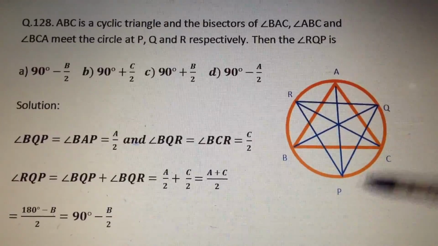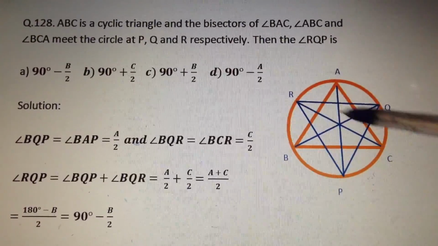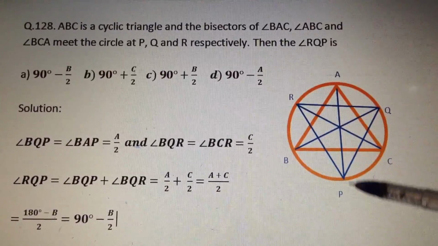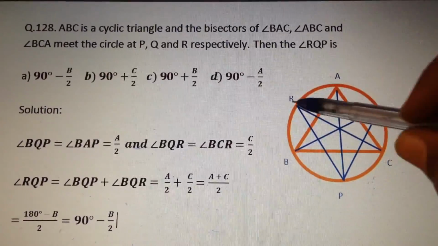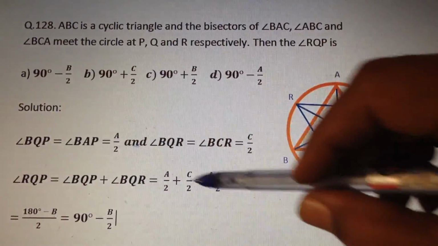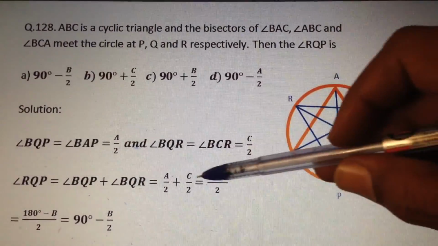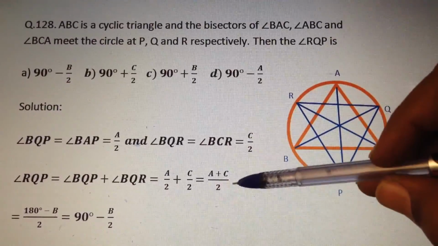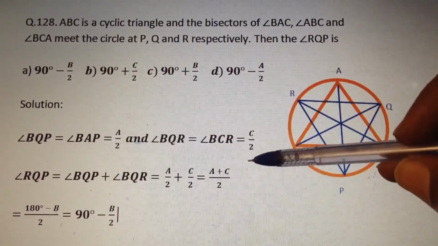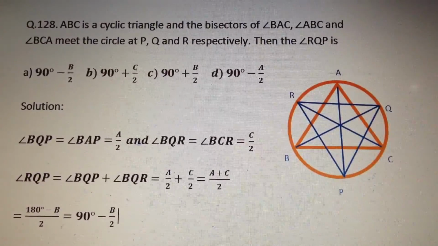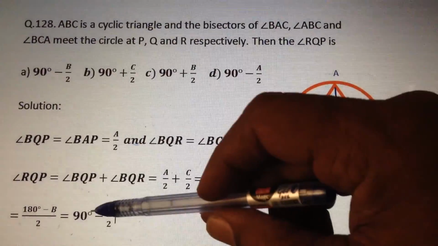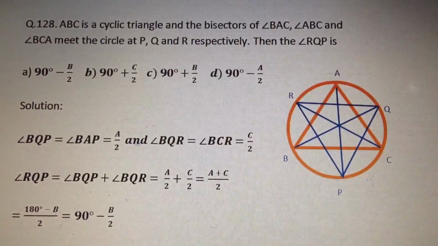Angle RQP is nothing but angle BQP plus angle BQR, which is equal to A by 2 plus C by 2, which is equal to A plus C by 2. A plus C we know is equal to 180 minus B. Therefore, this is equal to 180 minus B by 2, which is equal to 90 minus B by 2.